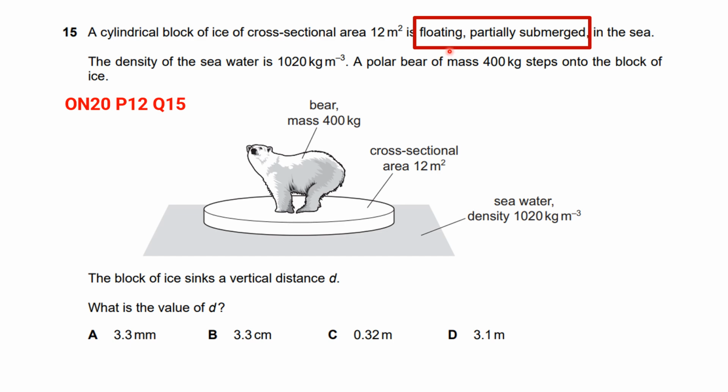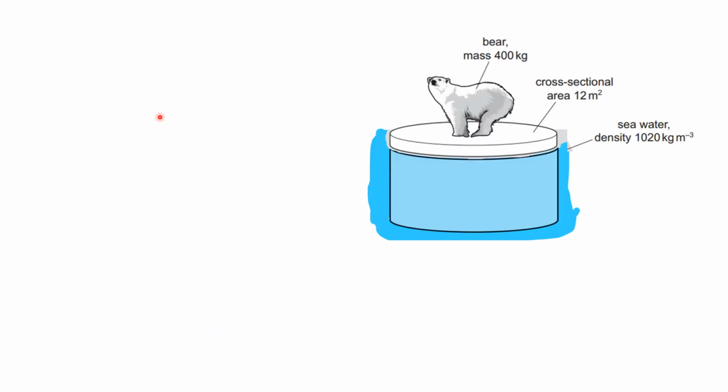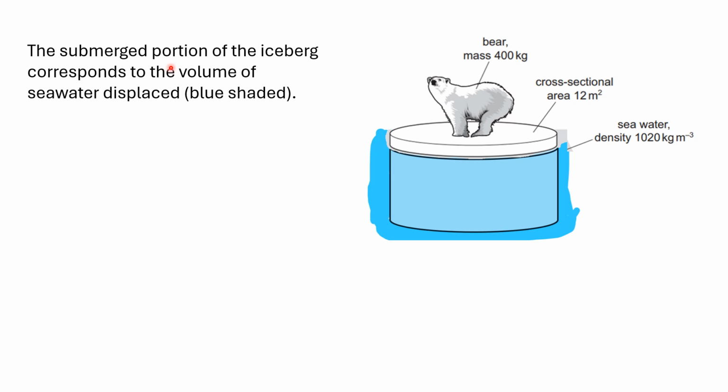So I want to start with the section of this statement where the cylindrical block of ice is floating and partially submerged in the sea. This is an indication that we need to use the equilibrium of forces formula. The submerged portion of the iceberg corresponds to the volume of seawater displaced, the blue shaded area.